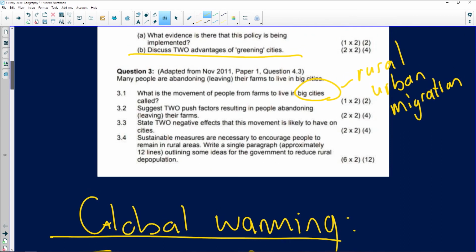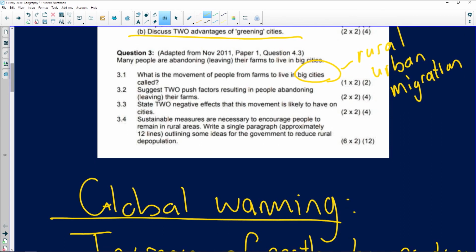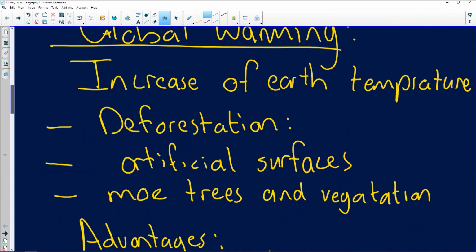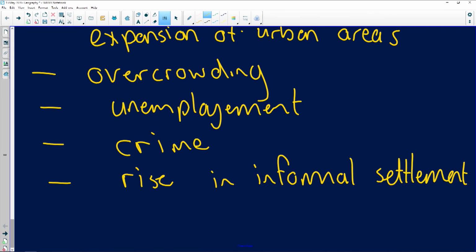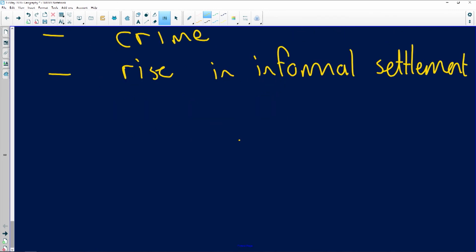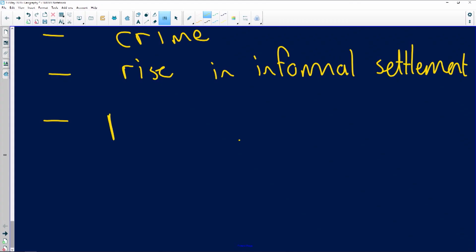If we go back to question 3.4, now sustainable measures are necessary to encourage people to remain in rural areas. Now what can we do? Some ideas for the government to reduce the rural depopulation. So the question basically asks, what can the government do to make sure that people do not leave these rural areas, for them to stay put? Now, first of all, they can provide better services.